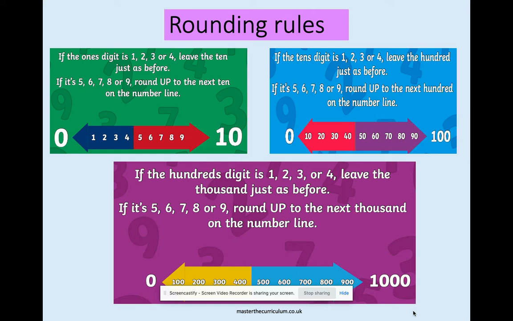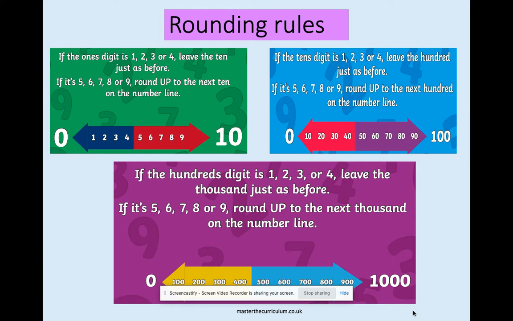If the hundreds digit is 1, 2, 3, or 4, leave the thousands just as before. If it's 5, 6, 7, 8, or 9, round up to the next 1,000 on the number line. It's the same as the other examples, but now we're working with hundreds and we're rounding to 1,000.